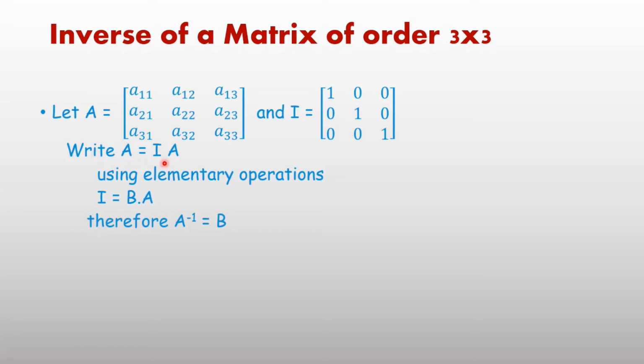A equal to IA written, then using elementary operations, convert it as I equal to BA. It implies in place of A you have to write I, and I becomes B. Then you can say A inverse equal to B, because BA equal to I means both are inverse of each other, means A inverse equal to B.